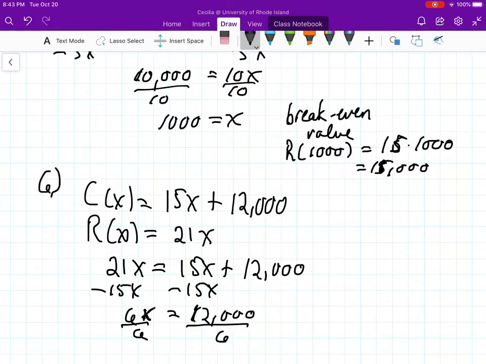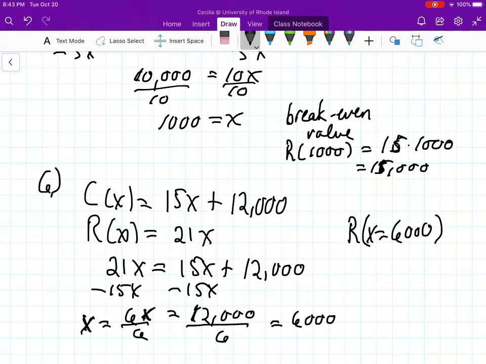So let's go ahead and write that out. 6,000. Okay. So now that we have the break-even point, the break-even quantity, now we want to get the break-even revenue, or some people call it the break-even value. So let's go ahead and plug this value, the 6,000, into our revenue function. So the revenue for 6,000 is given by 21 times x.